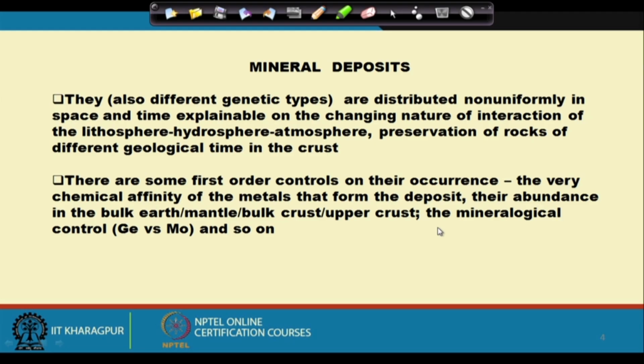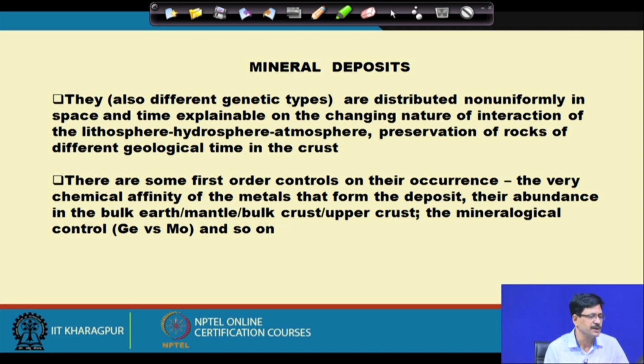So, ore deposits are distributed non-uniformly in space and time, explainable on the changing nature of interaction of the lithosphere, hydrosphere and atmosphere, and the preservation of rocks of different geological time in the crust, which we have just justified. The ore deposit formation can be visualized as a complex process of interaction of the lithosphere, hydrosphere and atmosphere. They can't be kept isolated from each other, at least in relation to the formation of ore deposits of different types.